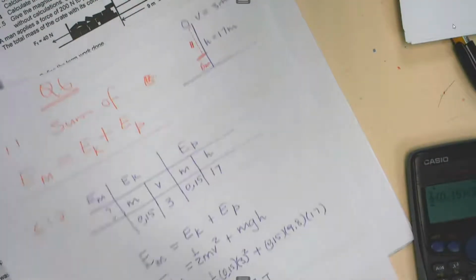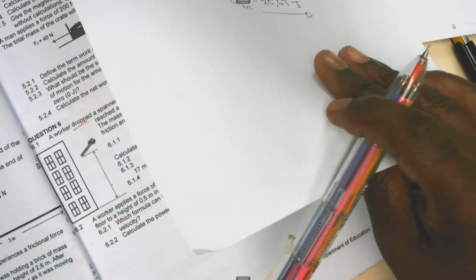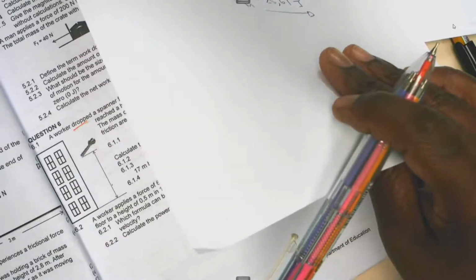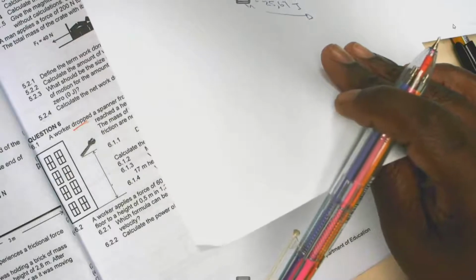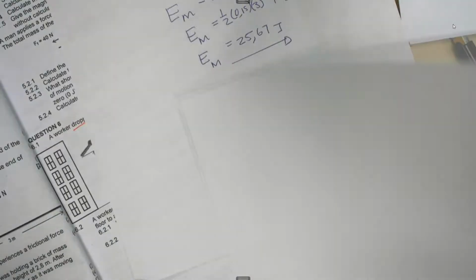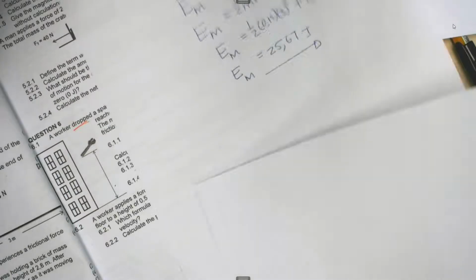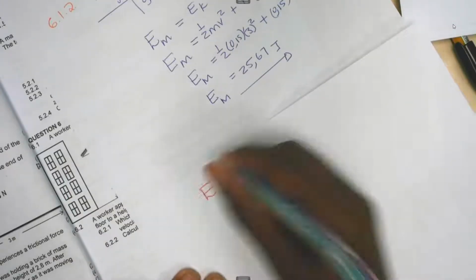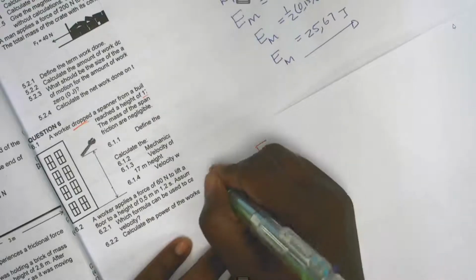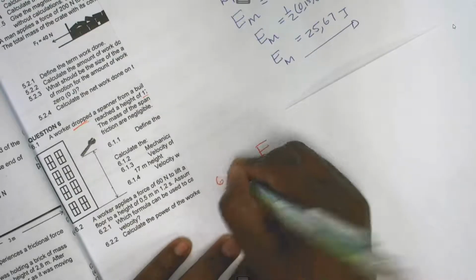So we want to know the velocity at that height. So remember, this is 6.1.3.